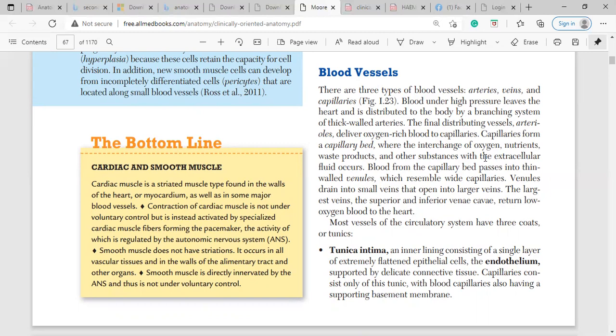Number 4, the walls of the arteries are thicker than the walls of the veins. They have very thick walls because they carry blood at high pressure. Number 5, the largest artery that carries blood from the heart is the aorta. Number 6, when arteries divide, they form smaller ones that are called arterioles. Okay, good.